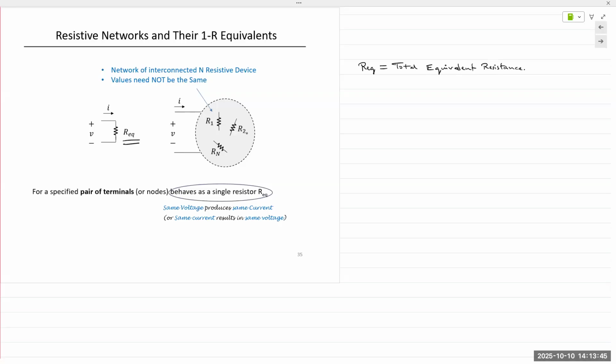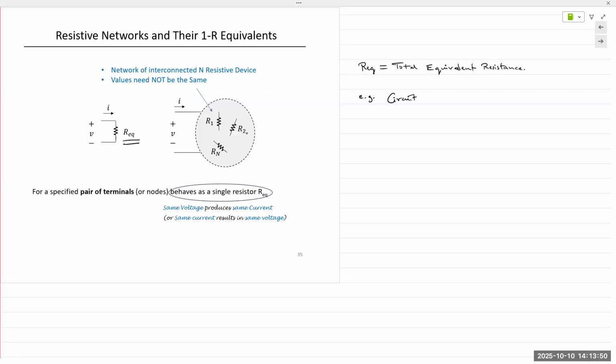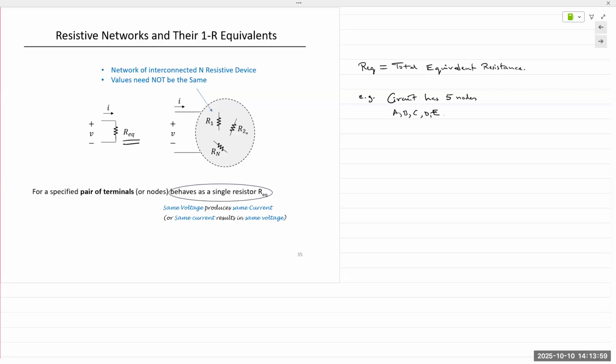As an example, let's say a circuit has 5 nodes: A, B, C, D, E. If you measure resistance between A and B, you'll obtain a value. If you measure resistance between B and C, you'll obtain a different value. Between C and D, between D and E, or A and E, between any 2 of these nodes, you'll get a different value every single time, depending on how the resistors are connected.